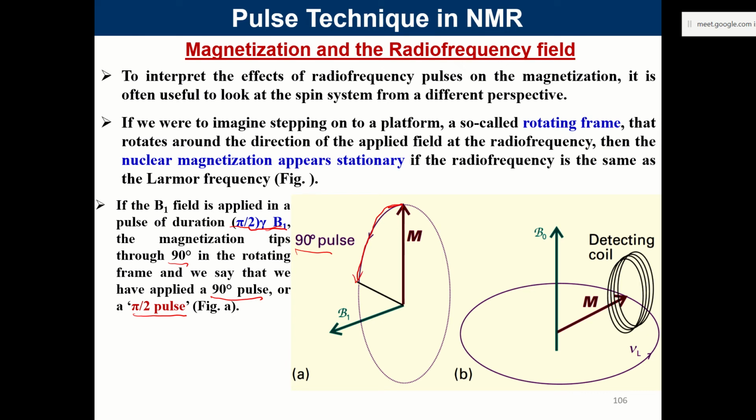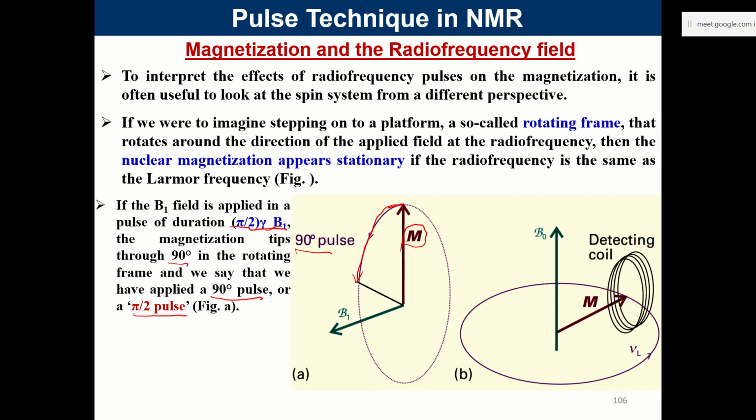So the magnetization vector, which was a sum of several magnetic moments of all the nuclei present, angular momenta of all the nuclear momenta, then you calculate the magnetic moment from that. That is the capital M, gives you capital M.